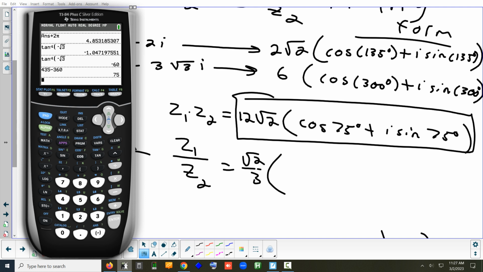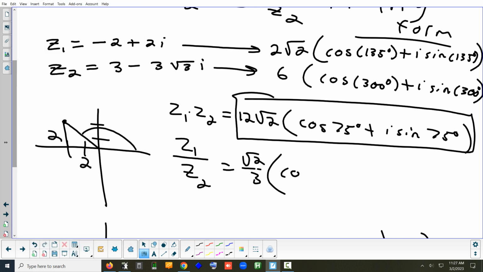Subtract what from what? Minus 300. Okay, so the angle is negative 165. And one way to make that positive would be just to add 360. There we go, plus 360. So that gives me 195.